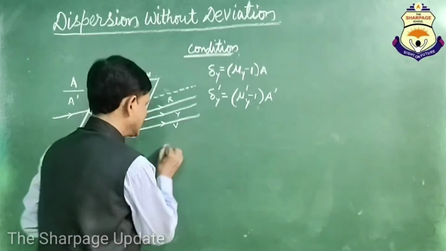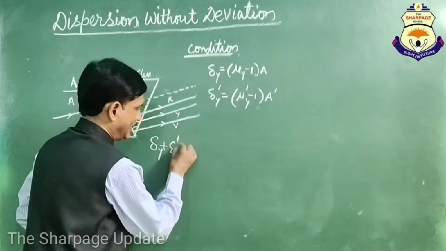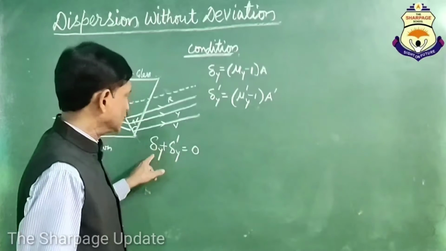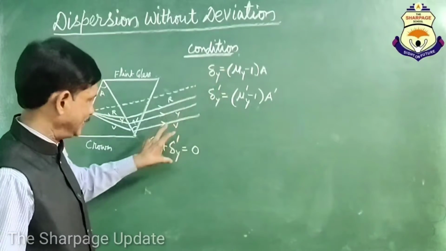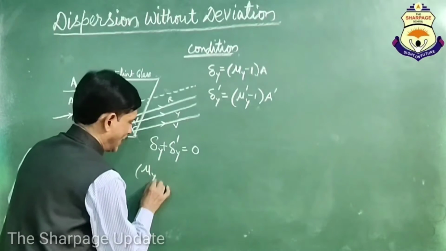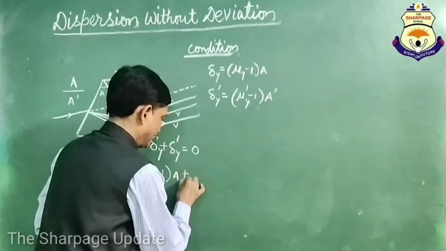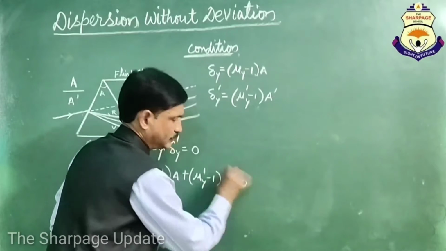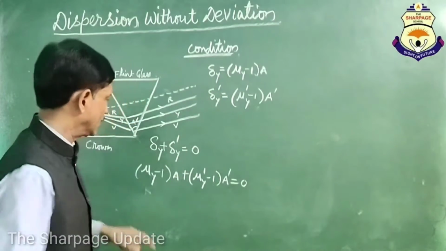It means you can say that delta y plus delta y dash equal to 0. Now we can substitute the value of delta y and delta y dash with these two relations. So we get mu y minus 1 into A plus mu y dash minus 1 into A dash equal to 0 by substituting the value of delta y and delta y dash.